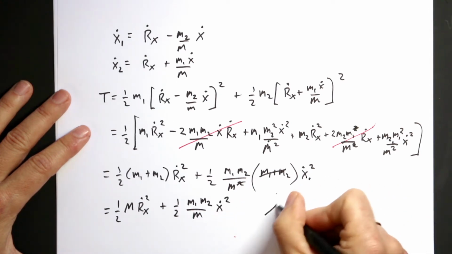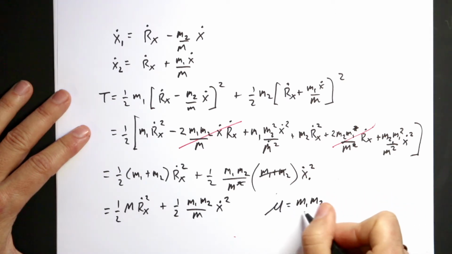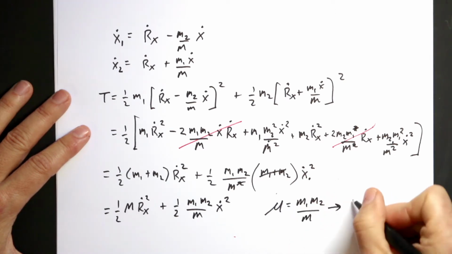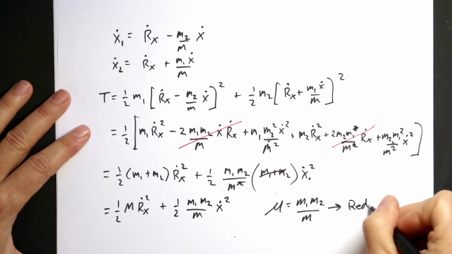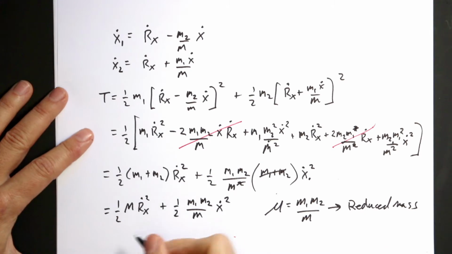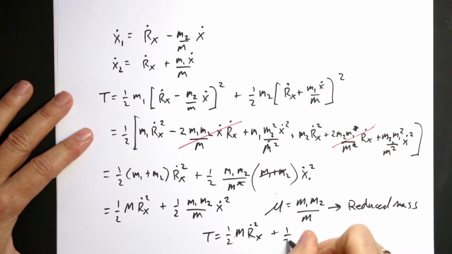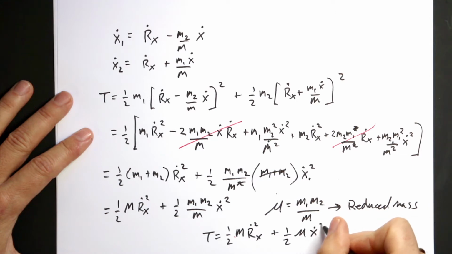And let's say mu is m1 m2 over m, the reduced mass. So I can write this as T, the x part, is going to be 1/2 m R_x dot squared, that's a scalar value, plus 1/2 mu x dot squared.